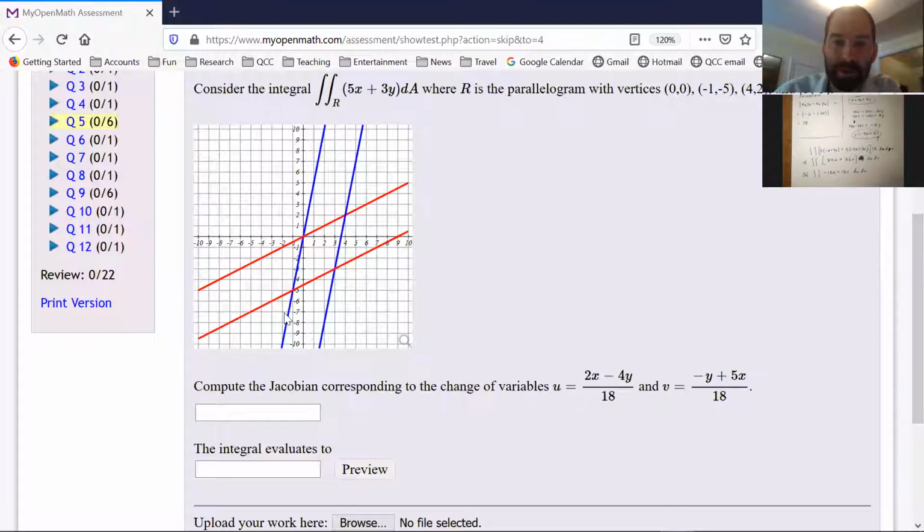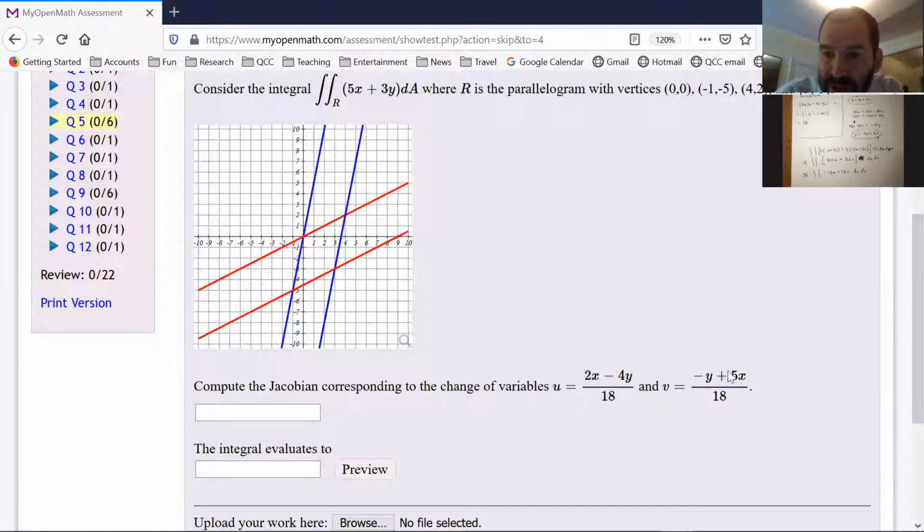What about the blue line over here? If this was v equals 0, this is probably v equals some other constant, right? And sure enough, it is. What constant would it be? It goes through the point 4, 2, so x is 4, y is 2.